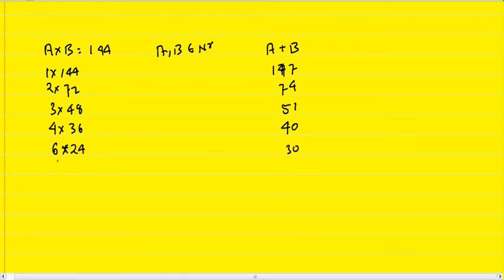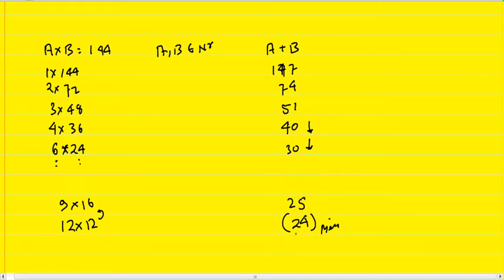Do you see, as I start to bring a and b closer, the addition has started to fall. The closest possible breaking of the number is 12 and 12. So the smallest possible addition is 24. See, if I step back by one step, if I write this as 9 into 16, the addition is 25.